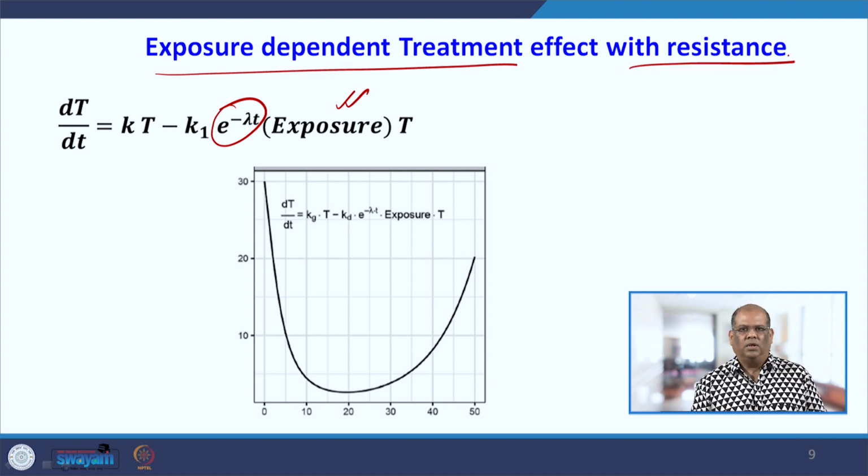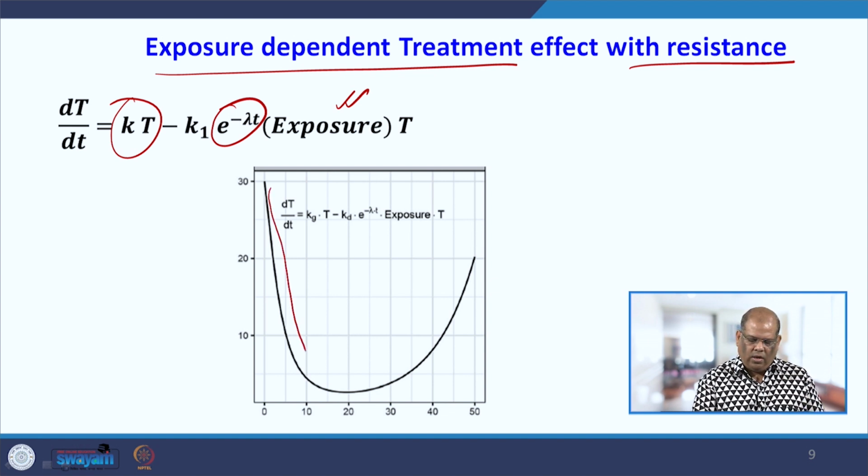So, what happens is that there is a person suffering from tumor, having an exponential growth of tumor, and then the drug is given, but with time the effect or efficacy of the drug goes out. Due to this you see the tumor going down, but the moment the effect of the drug goes away, the tumor also relapses.